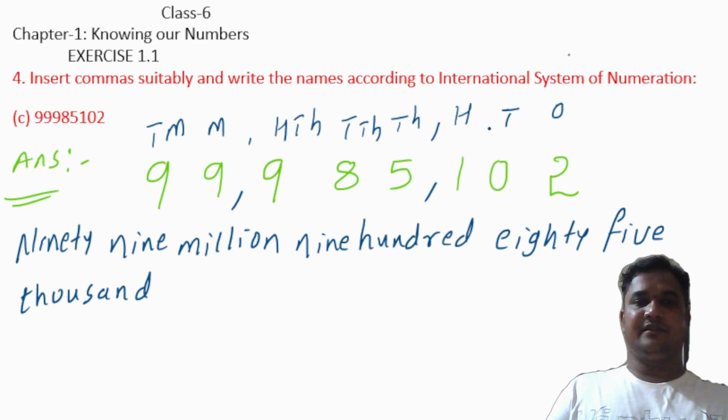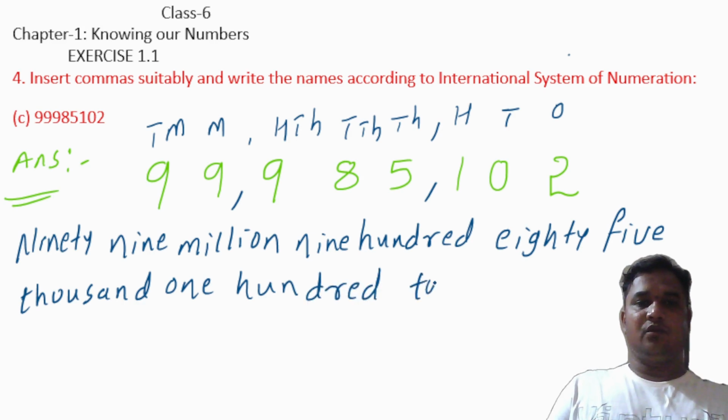So that is 102. Now this is nothing but how to write according to the international system. So that is 99,985,102.